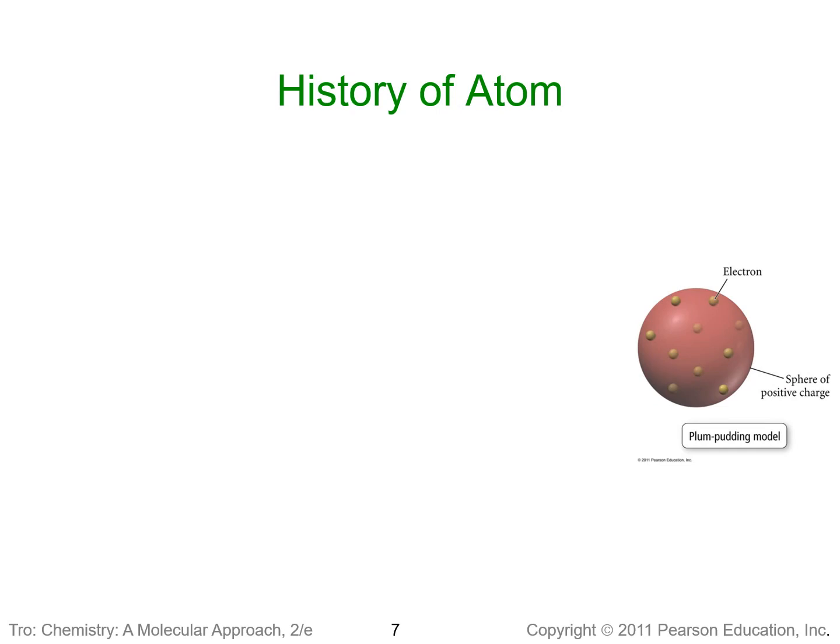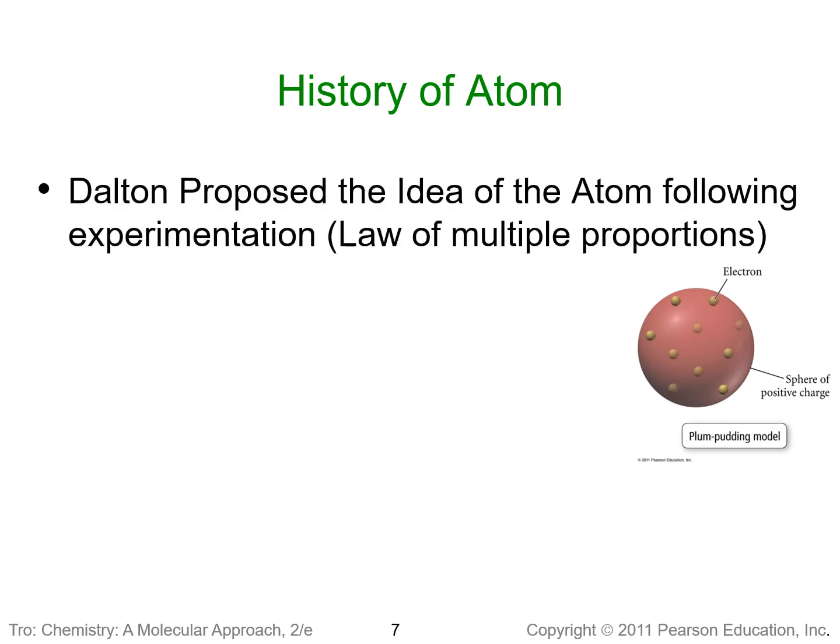We're going to very briefly talk about the history of an atom. If you are very interested in this history, your book has more detail. Dalton first proposed the idea of an atom following experimentation, where he found that different compounds combined in a certain fixed ratio. This was called the law of multiple proportions.